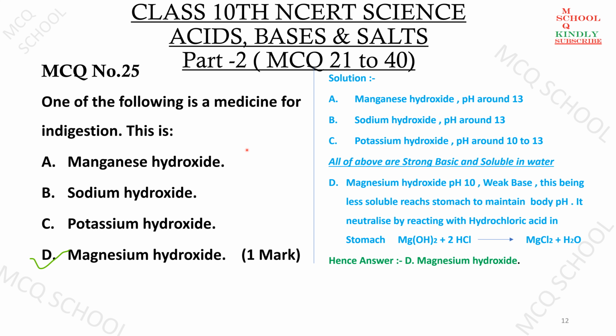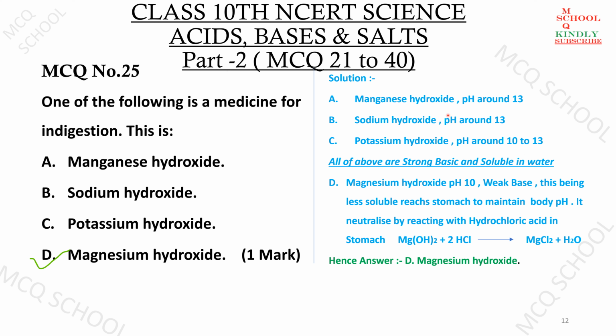The substance to be used for indigestion shall be edible, and it should not be a very strong base. Sodium hydroxide pH is around 13. Potassium hydroxide pH ranges from 10 to 13.